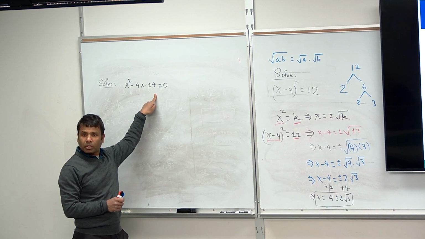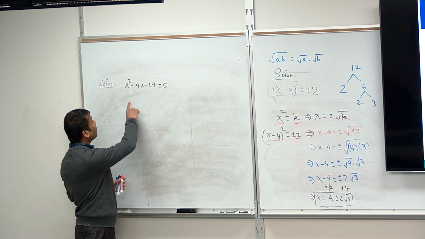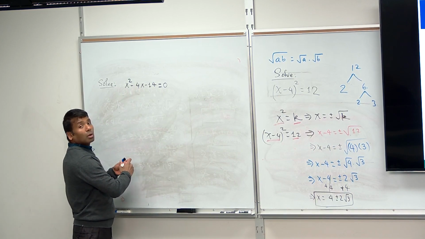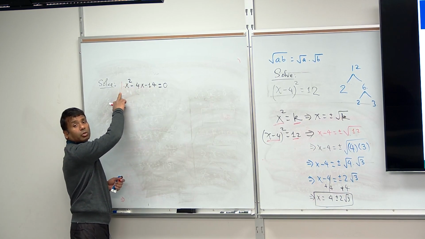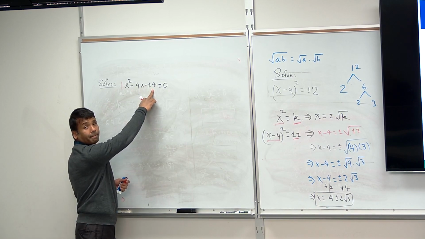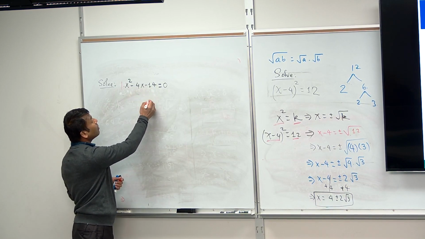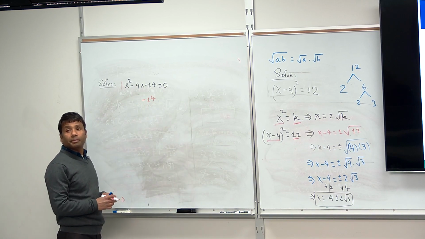So what I'm supposed to do is multiply the coefficient of x² with the constant term. What is the coefficient of x²? 1, right? What is 1 times -14? Negative 14.